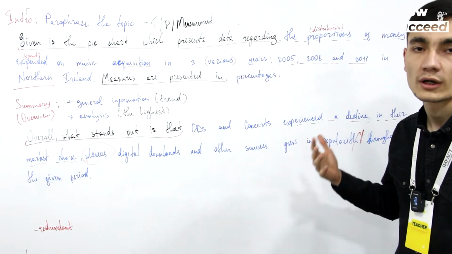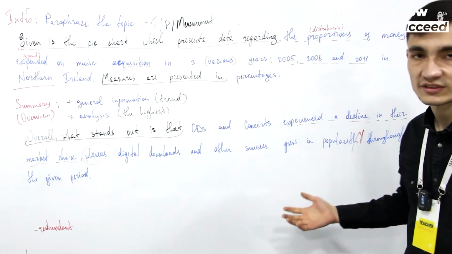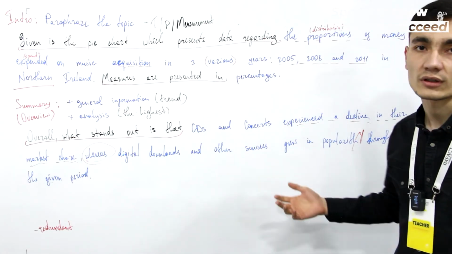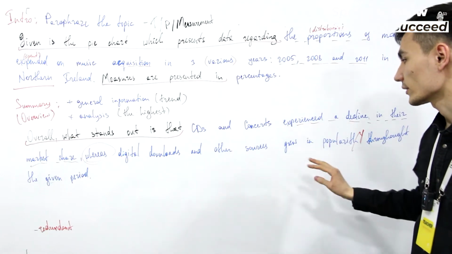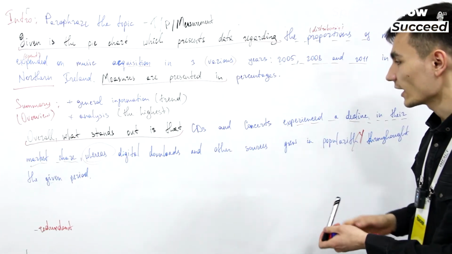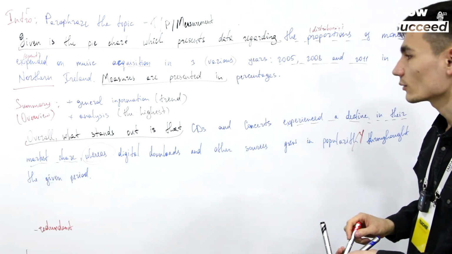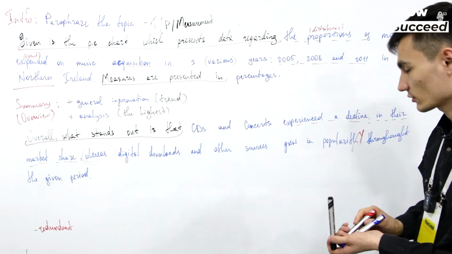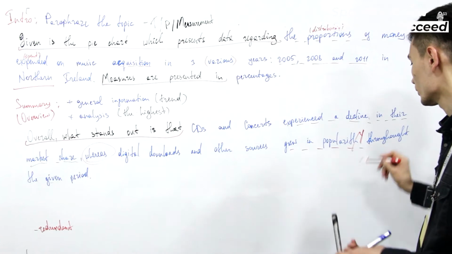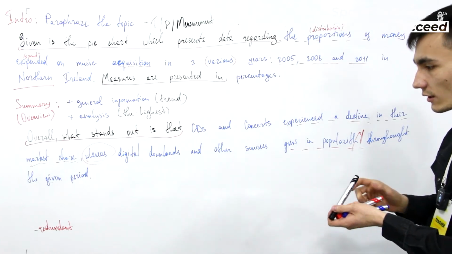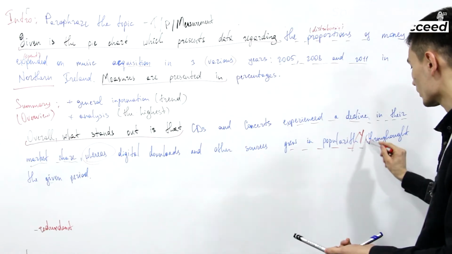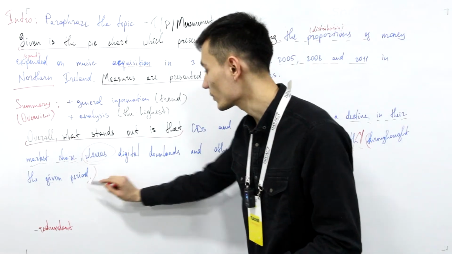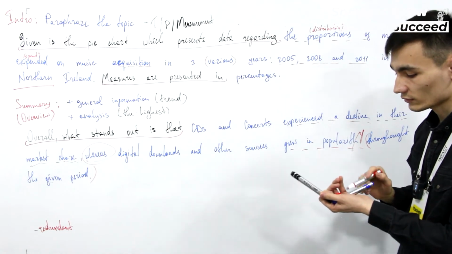You have to make sure that you have no silly mistakes that will greatly lower your overall band score. I said grew in popularity because I didn't want to say increase in percentage, so I used a different structure. Here, throughout the given period is actually optional, because we already gave the time period 2005 to 2011.